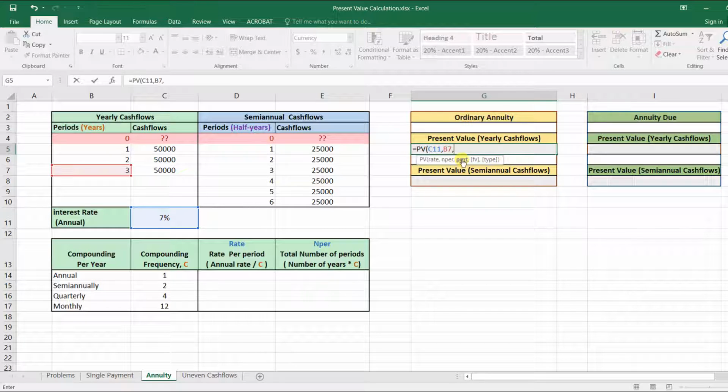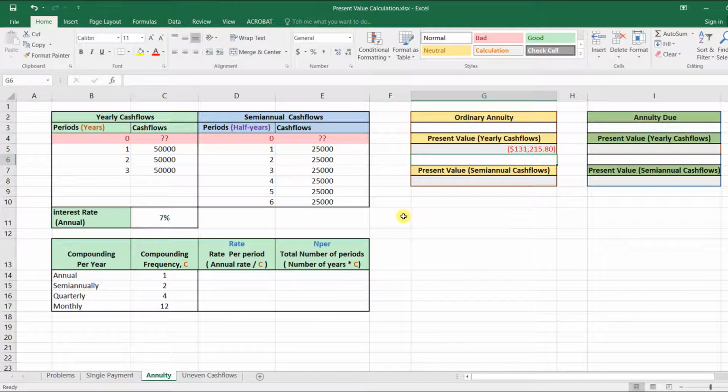Then payment this time is $50,000 in each period or in each year. So select any one of these 3 payments. Let's say we select this one and then press comma. Now the future value is 0 this time, so put 0 here. And finally for ordinary annuity, select 0 and close the bracket and press enter.